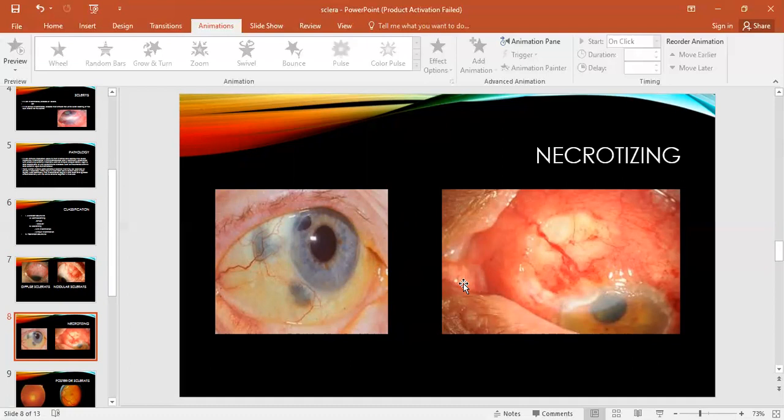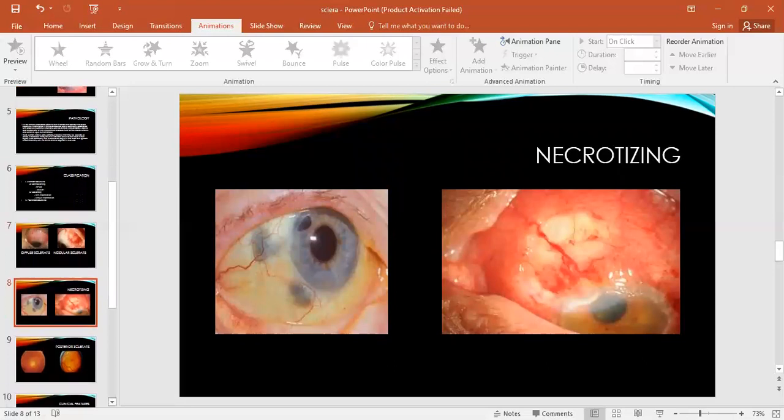On examination, we see the deeper vascular plexus is involved. An avascular patch due to vascular distortion and occlusion is also seen on examination. Here we see conjunctival ulceration over the scleral necrosis. These are the necrotizing types, with and without inflammation.